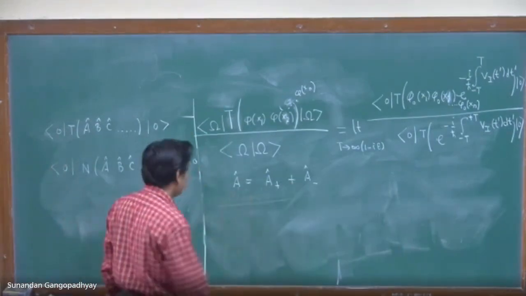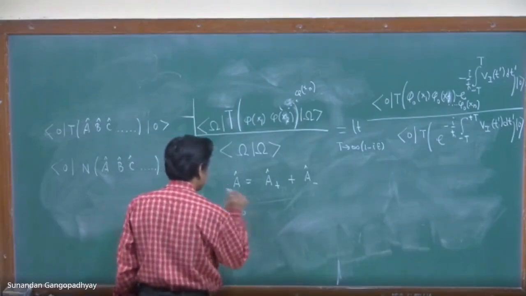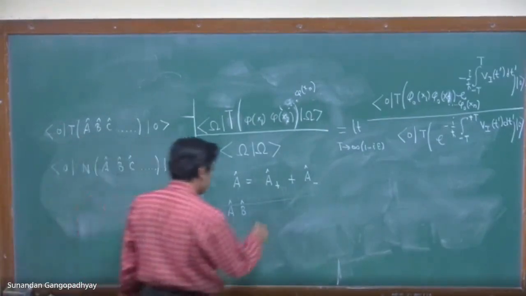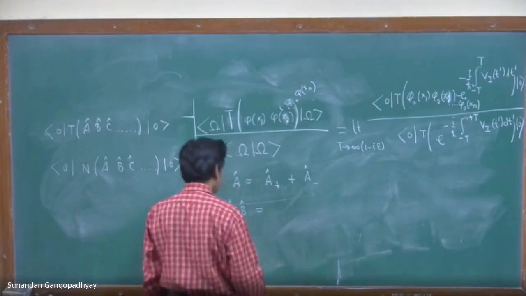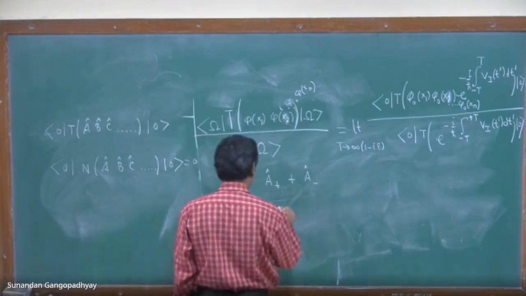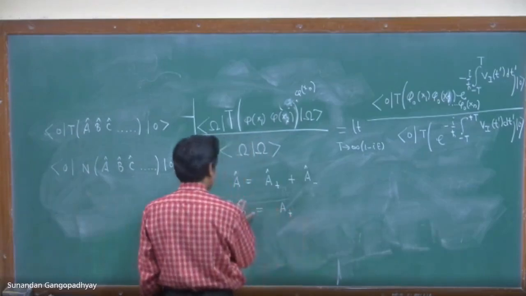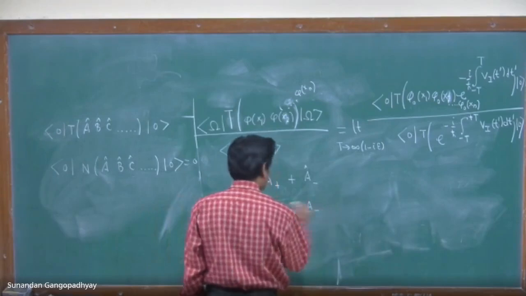And let us now calculate what A hat B hat is. I'm not writing hats anymore, let me just omit the hat notation. These are all operators, so remember that there are hats on top.